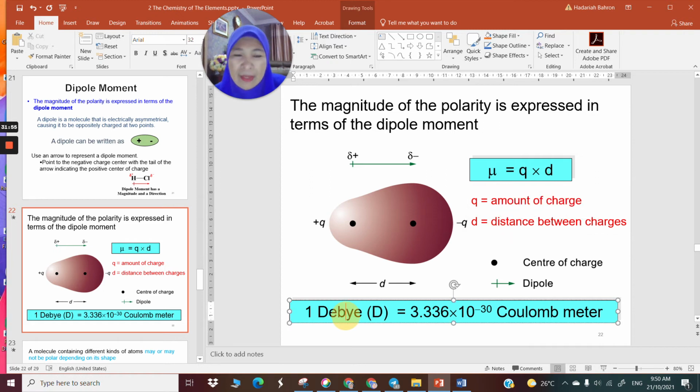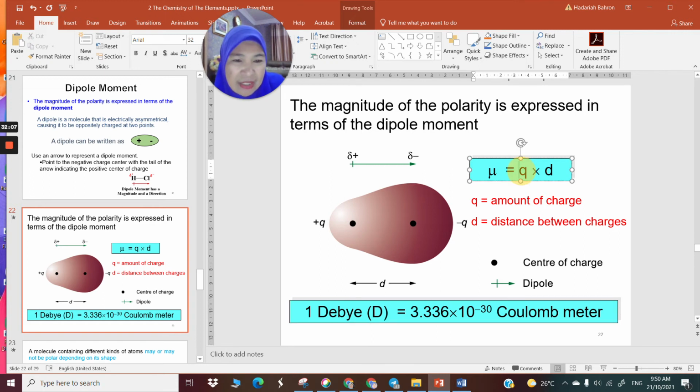So 1 debye is 3.336 times 10 to the power of minus 30 coulomb meter. If you calculate the charge of this molecule multiplied by the distance between the two atoms making that molecule, then you get the debye value, or the polarity value.